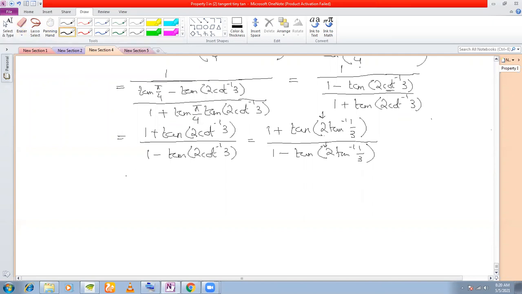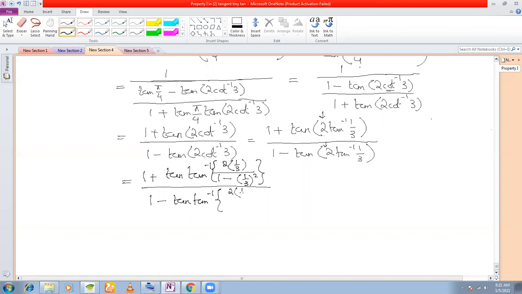So 1 plus tan of tan inverse 2 into 2x by 1 minus x square, divided by 1 minus tan, same thing here, 2x by 1 minus x square.